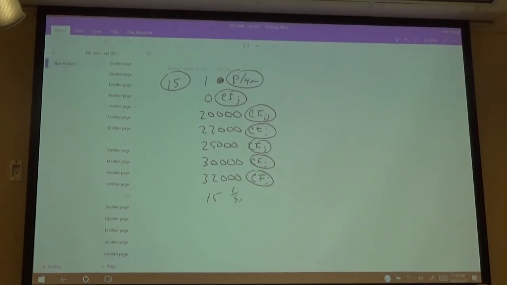And do that for a 15% interest rate. Solve for net present value. Let's see what we get. Yep, 83,526. Okay, and 62 cents.